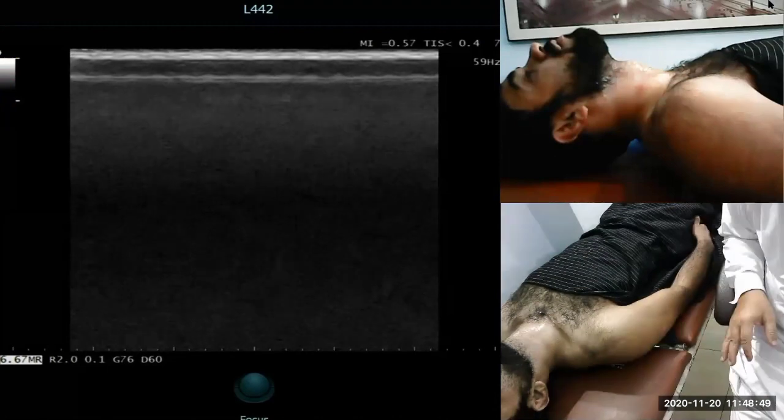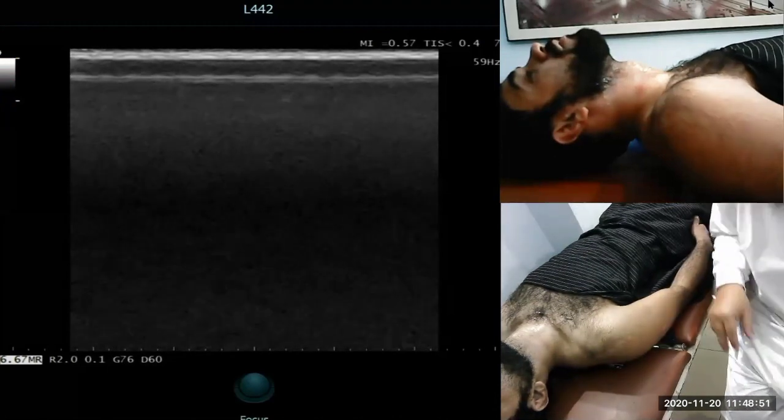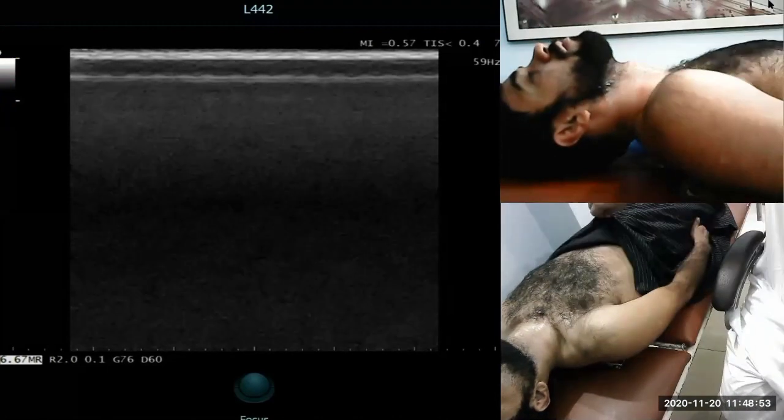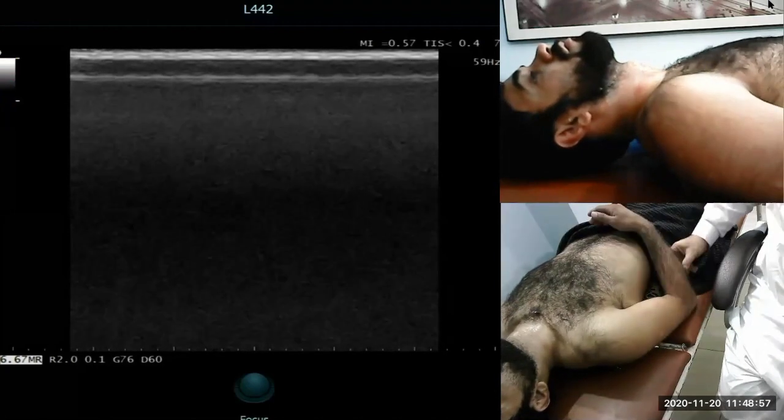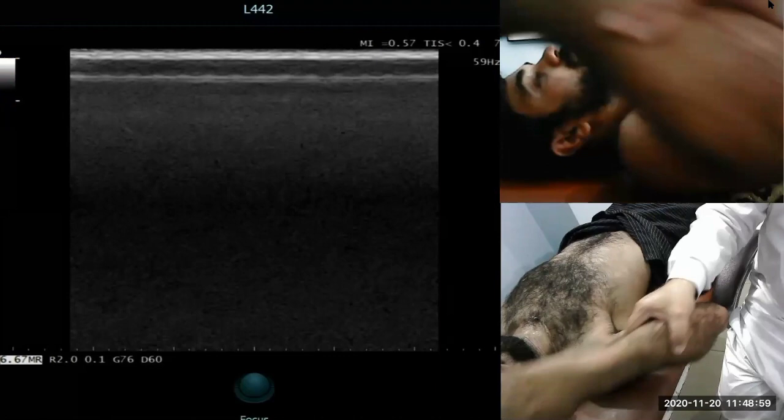Now, we would like to see the chest and the pericardium. I am showing it to you on the right side.